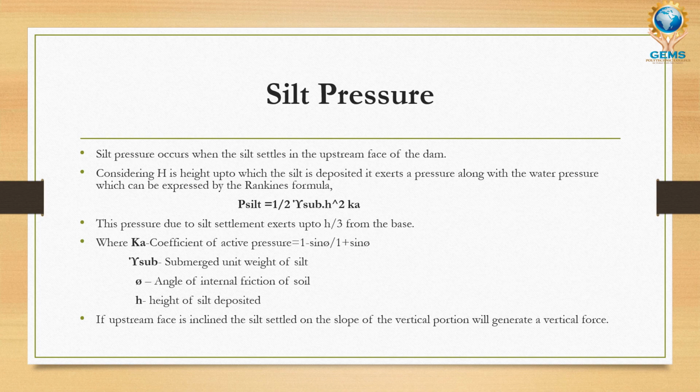In this slide, I am going to explain the silt pressure, which is caused due to the settlement of silt on the upstream face of the dam. Generally, the silt deposited on the upstream face of the dam comes from the reservoir washing off the bed. If this is the reservoir, the water is going like this, and this is the dam.